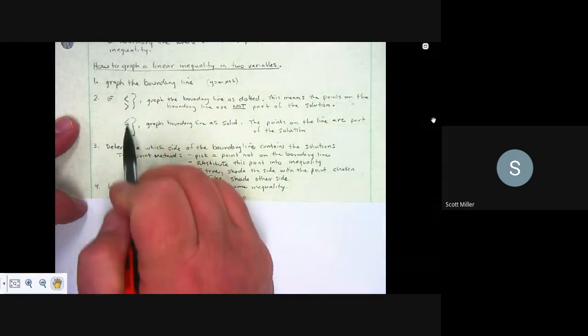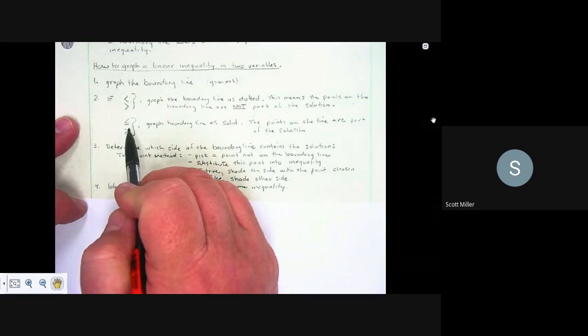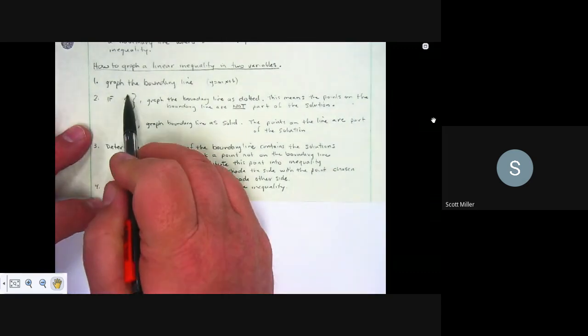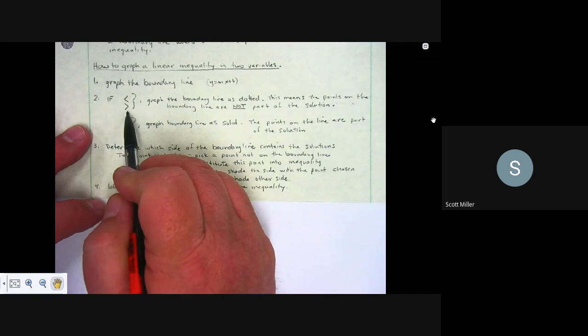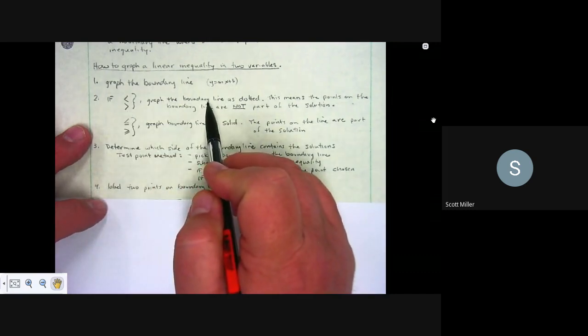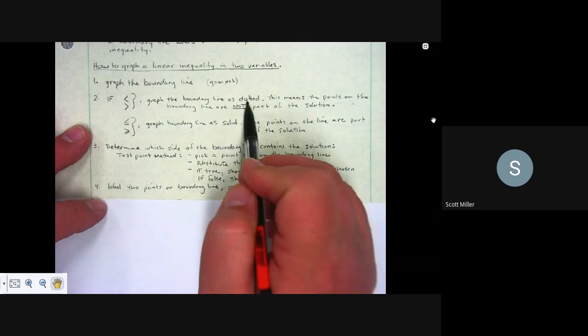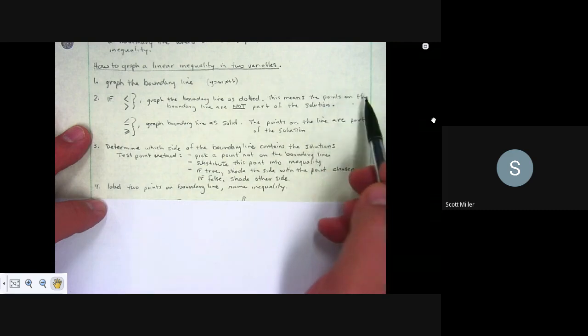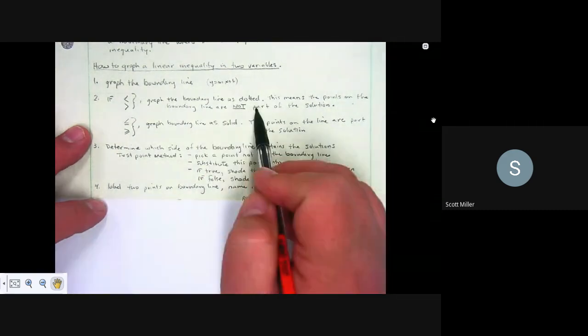These symbols indicate how you're going to draw your line. This symbol right here, the less than or greater than symbol, means that the boundary line between our solutions and non-solutions will be dotted. You're going to draw a dotted line, and the dotted line indicates in our graph that the points on the line are not part of the solution.